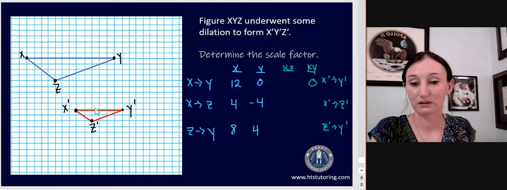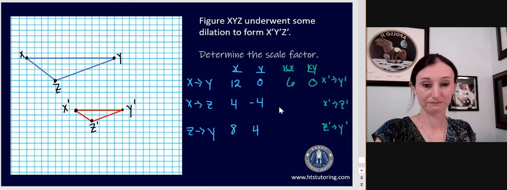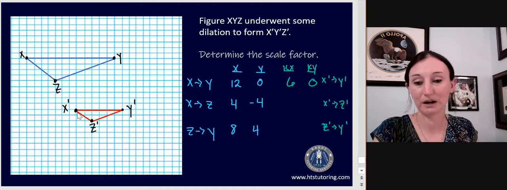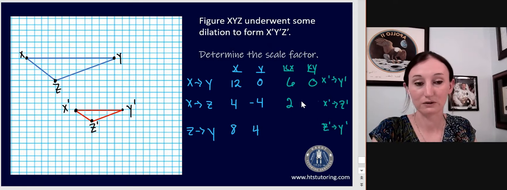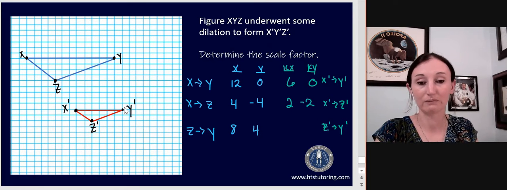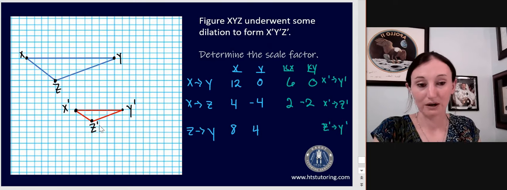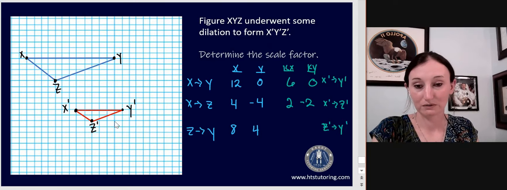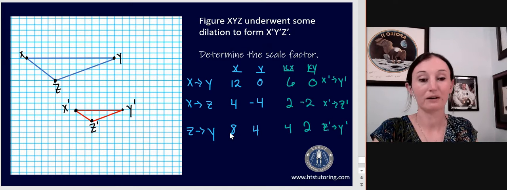And I'm going to have 1, 2, 3, 4, 5, 6, and I have a 6. From x prime to z prime, I'm going to go 1, 2 in the x, and 1, 2, negative 2 in the y. And from z prime to y prime, I'm going to have 1, 2, 3, 4 in the x, and 1, 2 in the y.